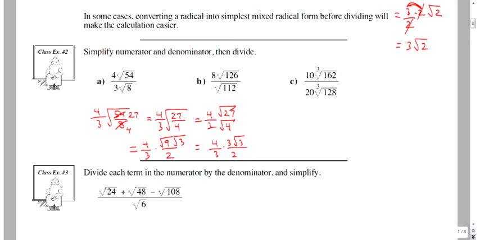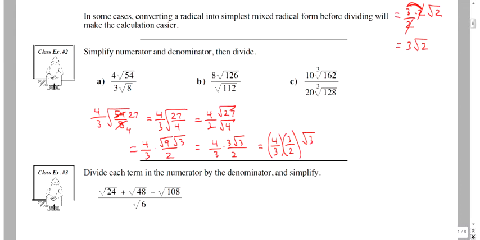Lastly, I have 2 fractions there. I have 4/3 and I have 3 over 2. All I'm going to do is visually rearrange this. That's 4/3 times 3 over 2 times root 3.